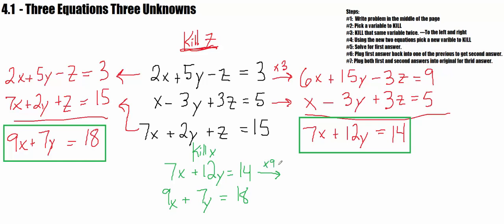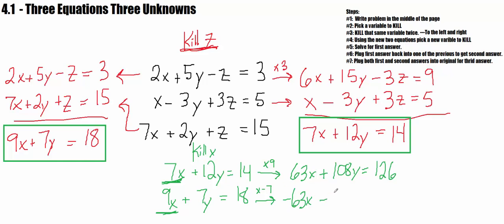I'm going to times this one by 9 to get 63x plus, what's 9 times 12? 108y equals 14 times 9. That's 126. Okay, not bad. Now if I'm killing the x's, I need 63 and negative 63. So I'm going to times this one by negative 7. 9 times negative 7, well, that's negative 63x.